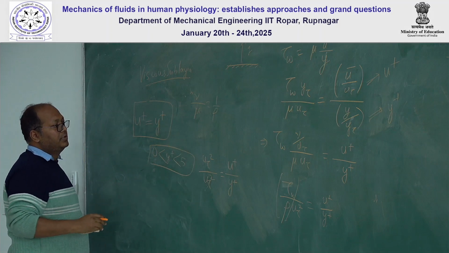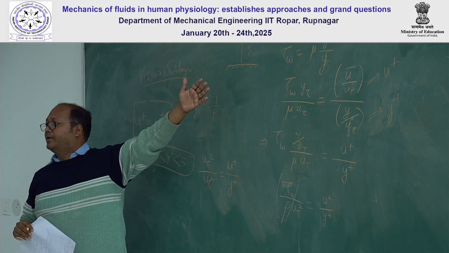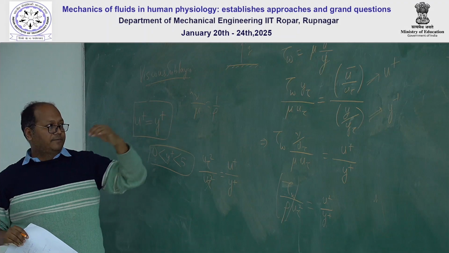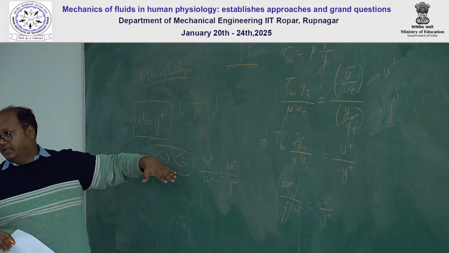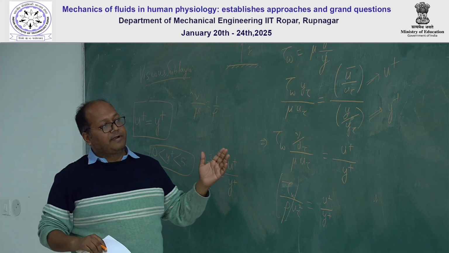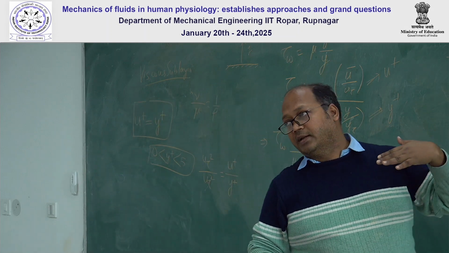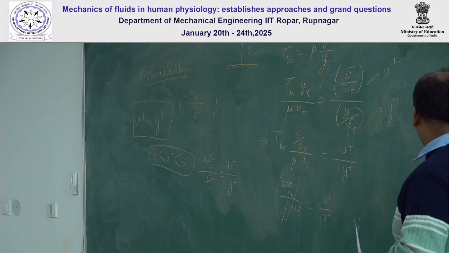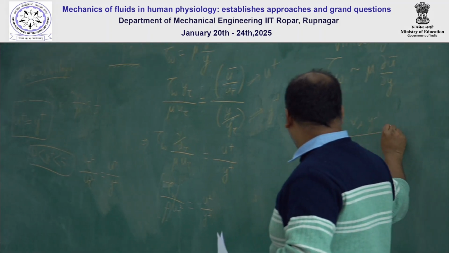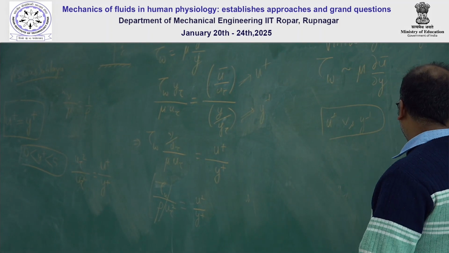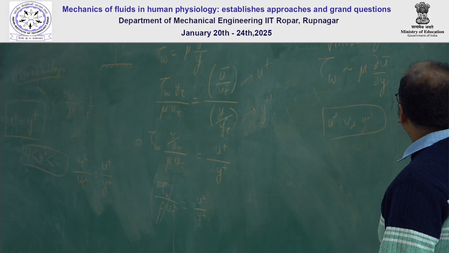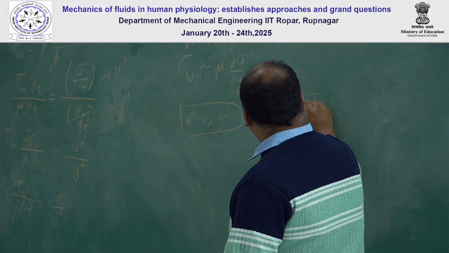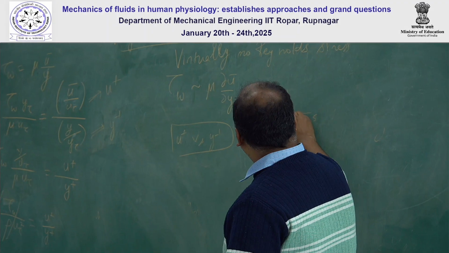In order to resolve the flow very near to the pipe flow or any bounded flow, we need to resolve this area. Because let's say we are doing validation and simulating the quantity, we are plotting u plus versus y plus, right? Very near to the wall, when you are plotting u plus y plus from 0 to 5, you should get a linear profile.